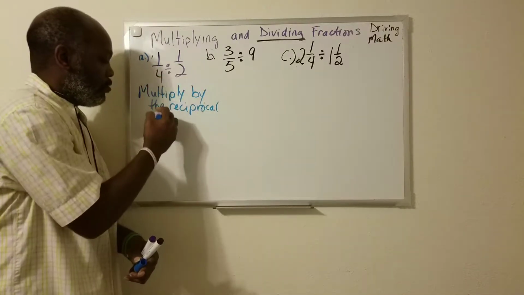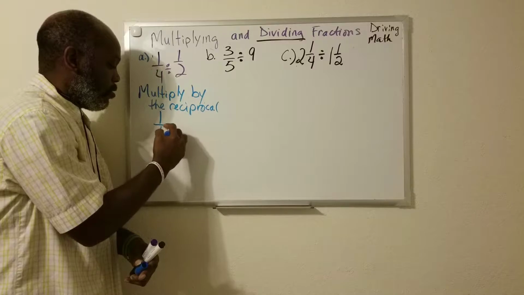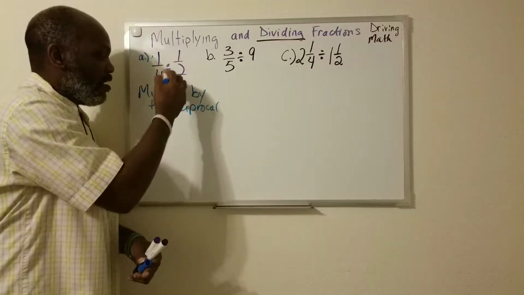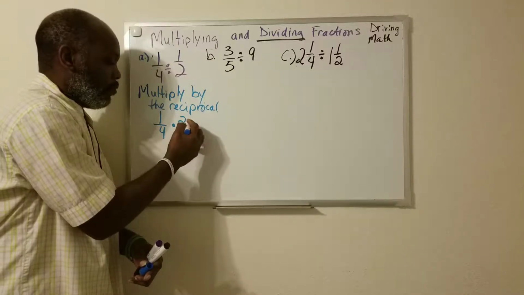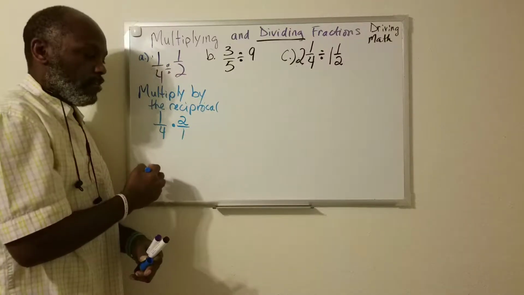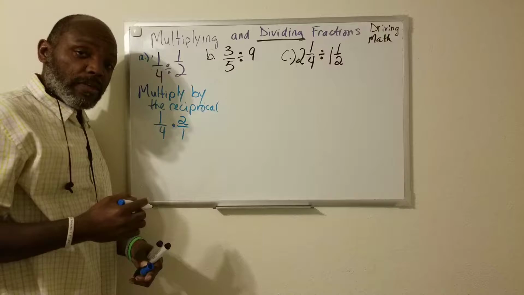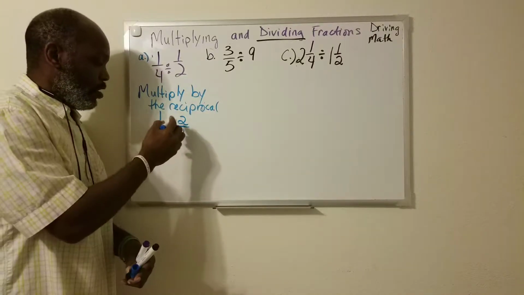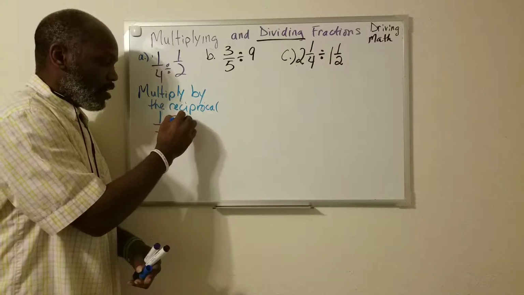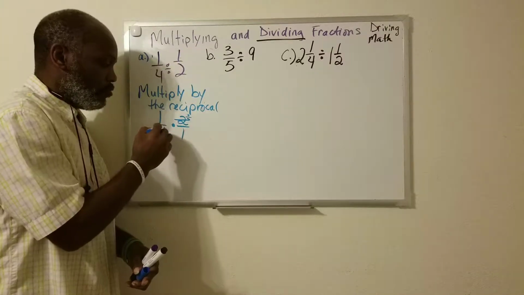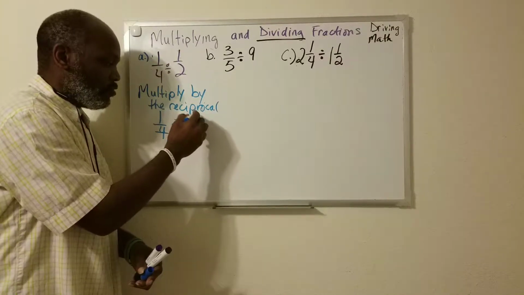So what we're going to do is we're going to say 1/4 divided by 1/2, but we're going to multiply by the reciprocal of 1/2, which is 2/1. So now we have a multiplication problem, and so we can do what we've done previously, is reduce by the greatest common factor. The greatest common factor between 2 and 4, they both have 2 in common.